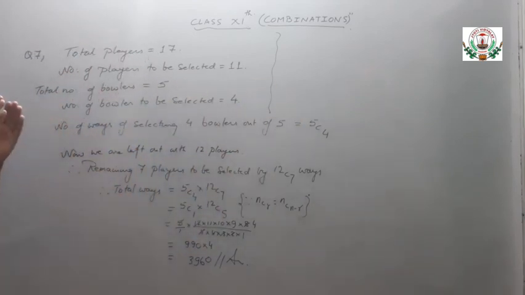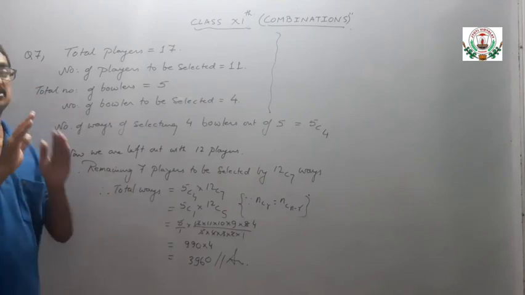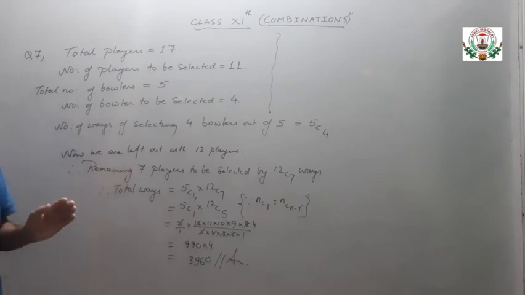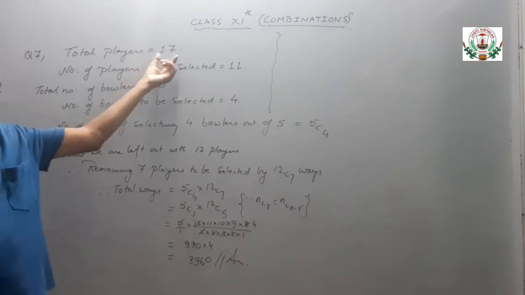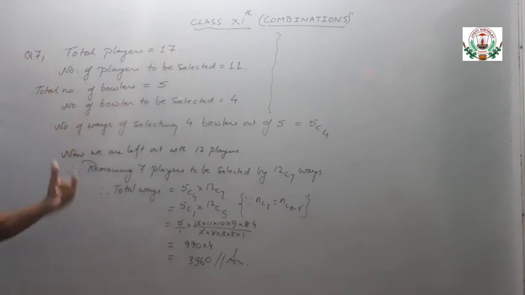It means that of the 5 bowlers, 4 are selected and 1 is not selected, that is, out of the team. So 4 selected and 1 is out of the team, which means we are left with 17 minus 5, 12 players now.